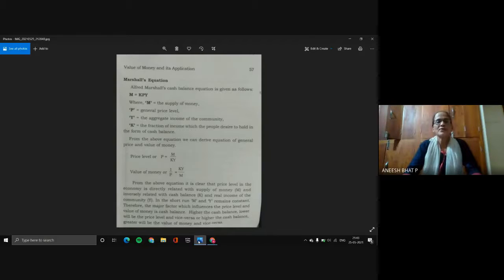Say 1 by P is equal to KY by M. So we can say in the cash balance approach, price level is directly related to the supply of money, but inversely related to the income of the community.